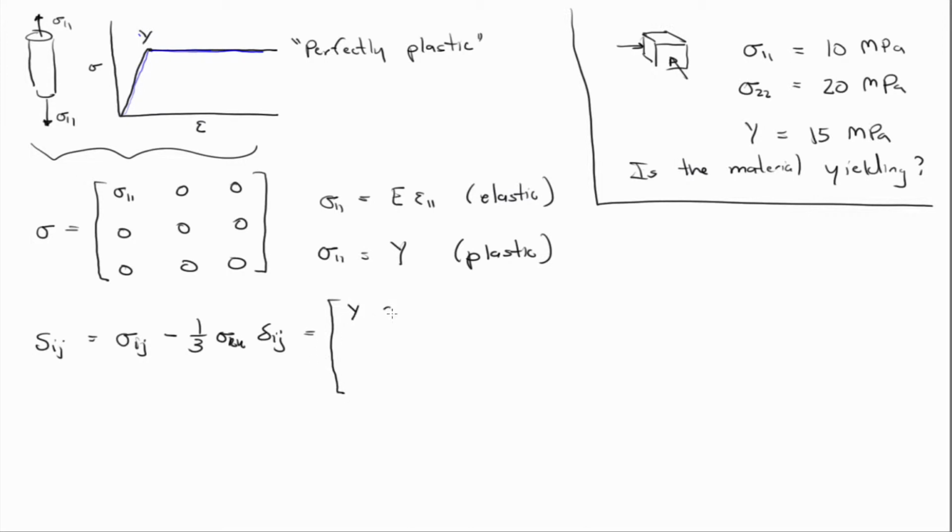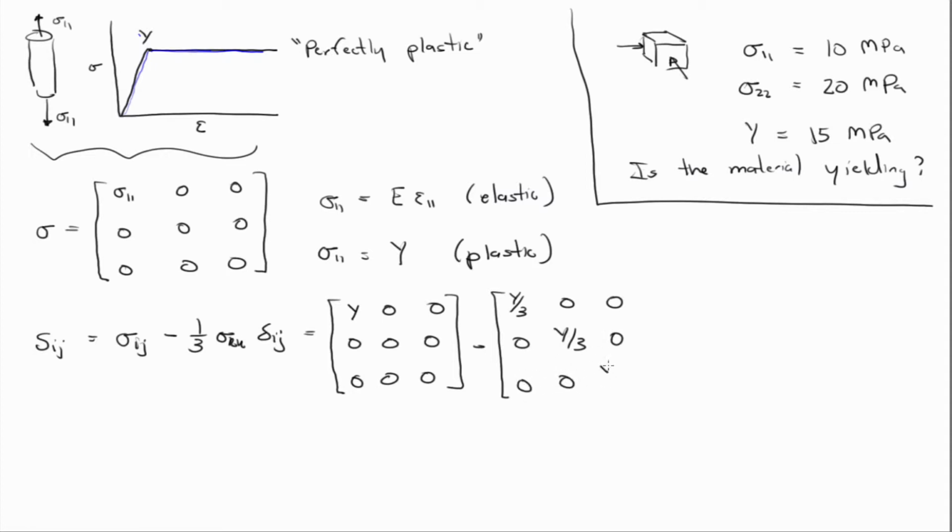I have y, 0, 0, 0, 0, 0, 0, 0, 0, minus y over 3, 0, 0, 0, y over 3, 0, 0, 0, y over 3.